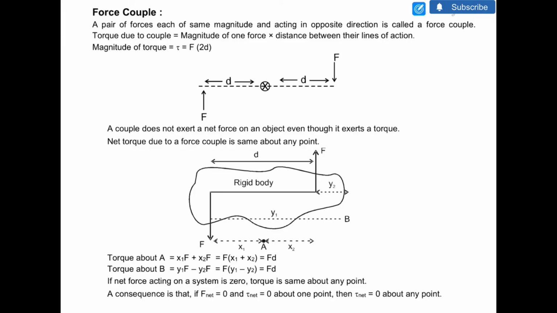So conclusively, a force couple has two forces of equal magnitude acting in opposite directions, and a force couple has no net force acting on the system, but the net torque of a force couple is the product of any one force with the distance between the two forces.